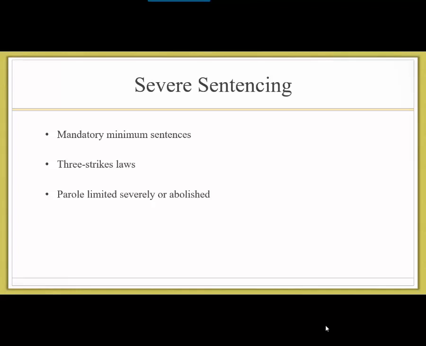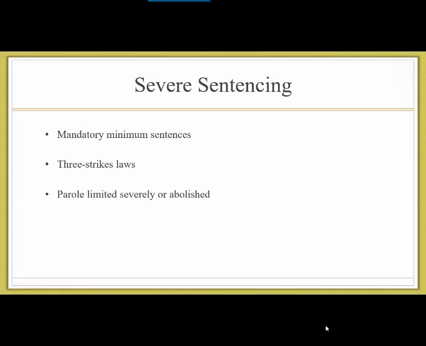And the Willie Horton case made state and local politicians very fearful about that type of thing happening on their watch. So, in addition to weekend passes pretty much being totally eliminated, in most states, parole became extremely limited, and in some cases was even abolished.